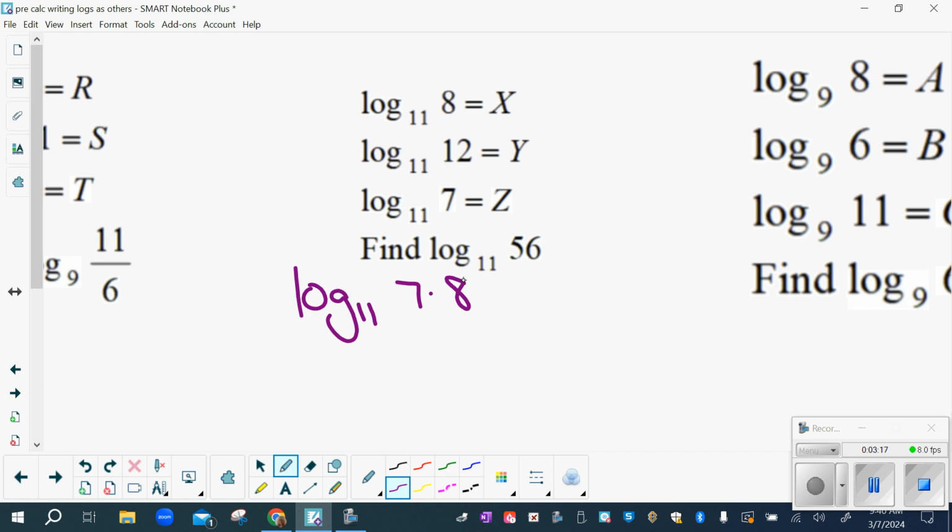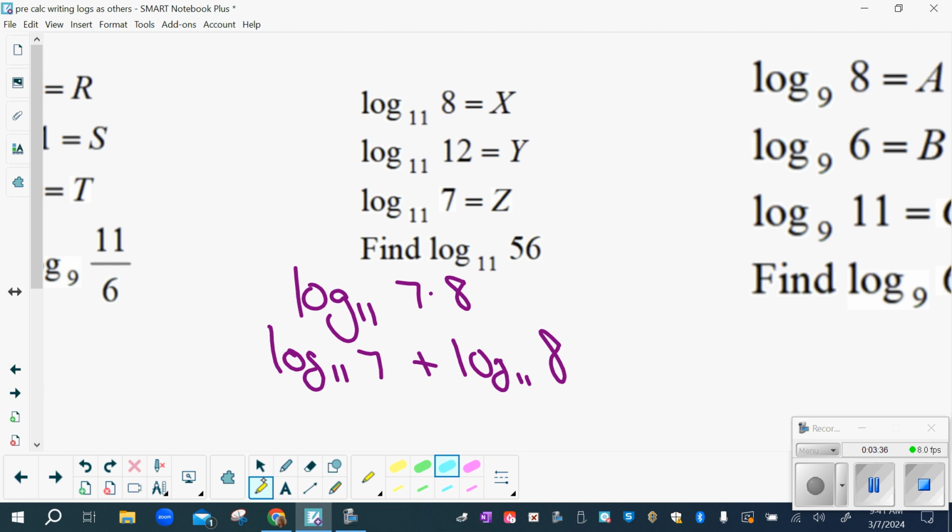And then I don't have 7, 8 on there, so I'm going to expand it. Log 11 of 7 plus log 11 of 8. Those I do have. I go to my little key and I say, hey, this guy is right here, and this guy is right here.